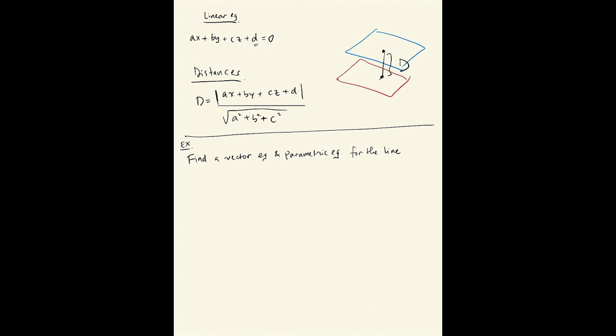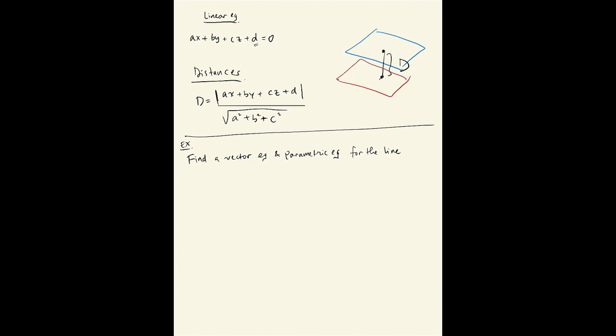Then you can plug in the point and get the exact number. It will be more intuitive in the examples, but I will go for the line example first and then the plane.